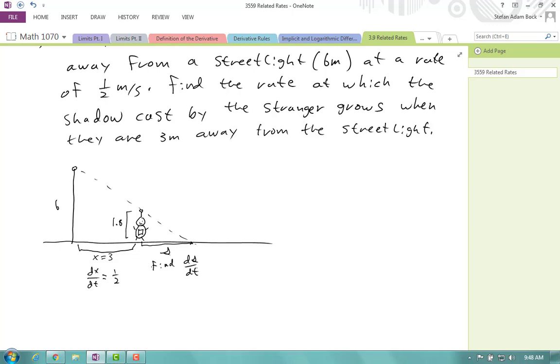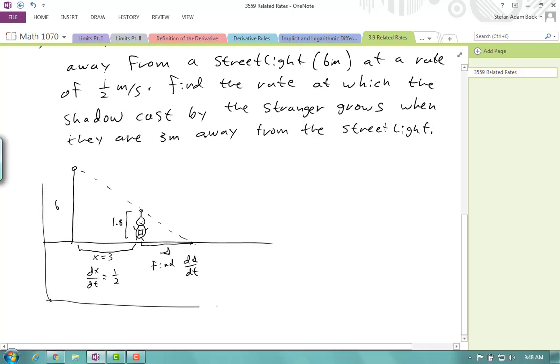And the way I'm going to do that is I'm going to use similar triangles, because I have one really big triangle from the street light all the way over to the end of the shadow, and then I have a really small triangle from the stranger to the end of his shadow. So let's see.